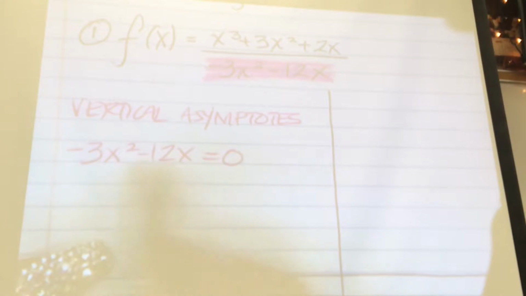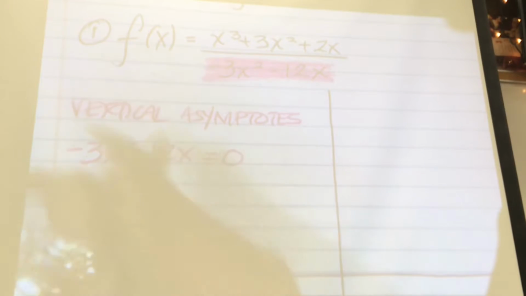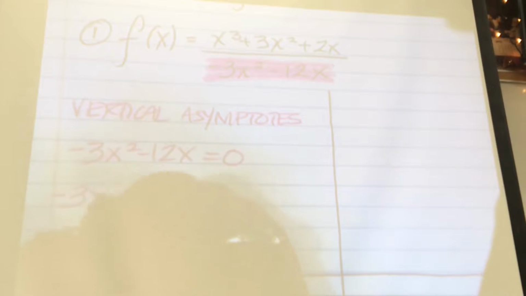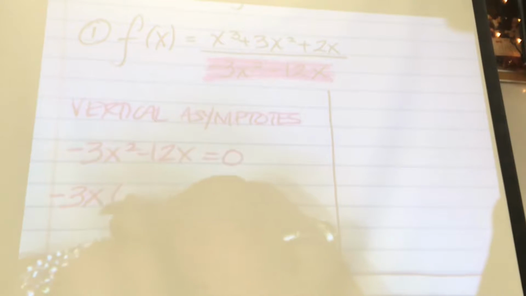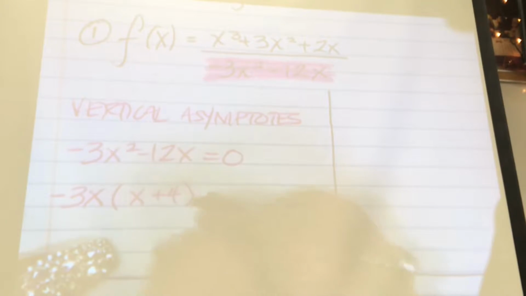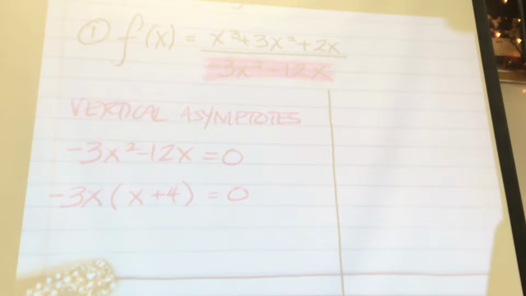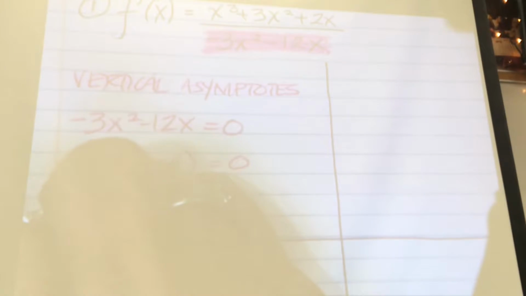Sophia, what can I factor out of negative 3x squared minus 12x? Yep, I can take out a negative 3x. So that means I'm going to divide both of those by negative 3x, and I'm left with x plus 4 equaling 0. So I just do the zero product property.